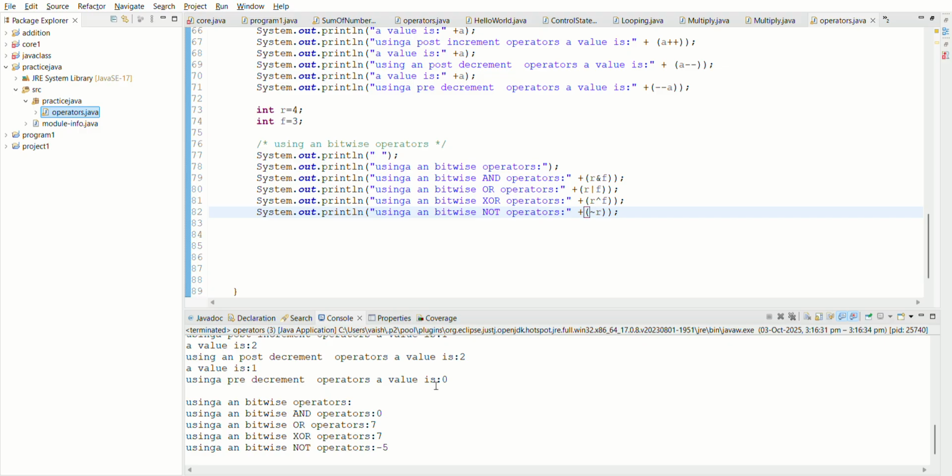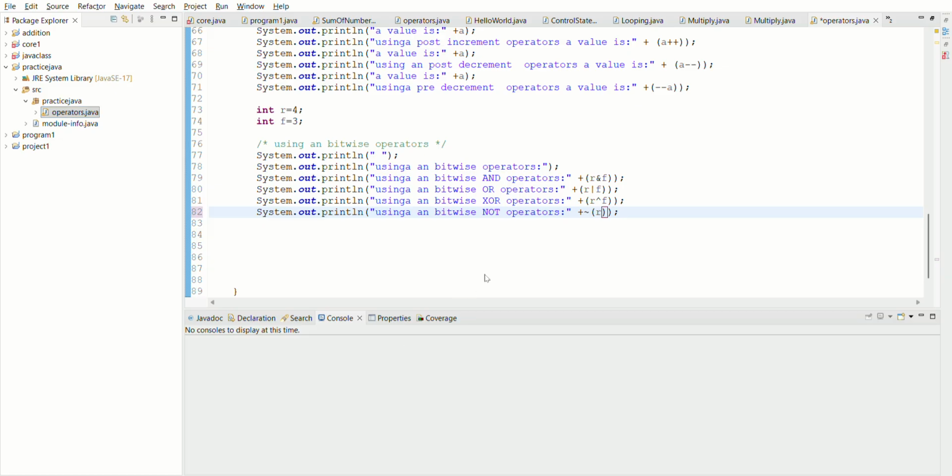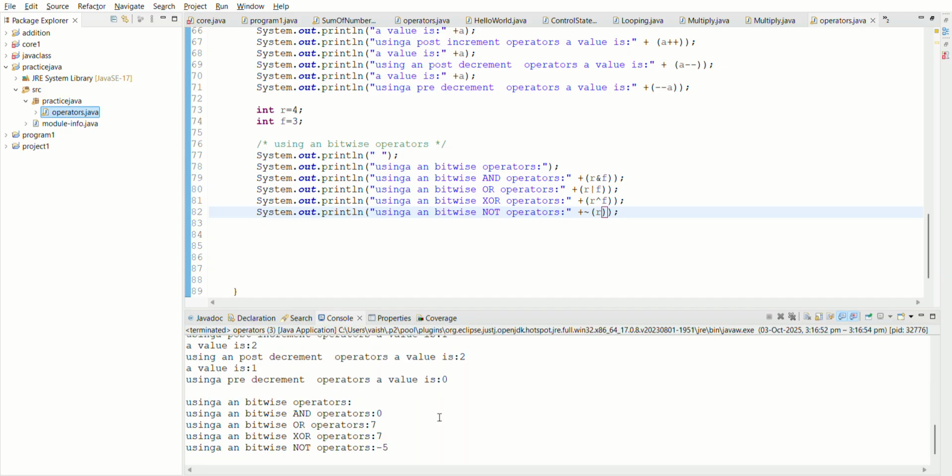So we get -5. This is a bitwise not operator. The next one is left shift and right shift.